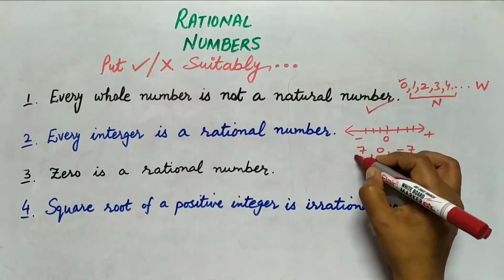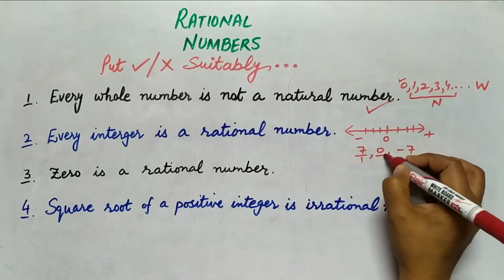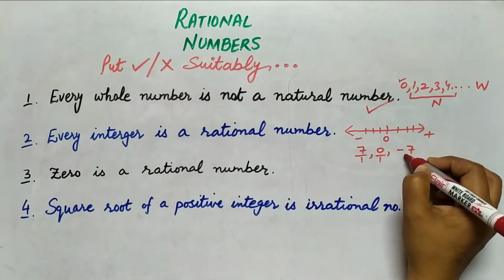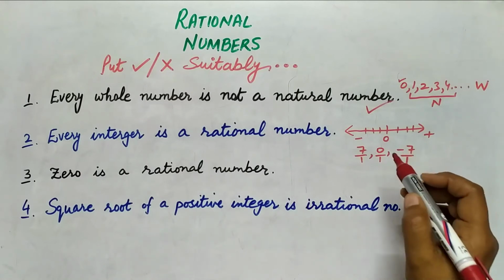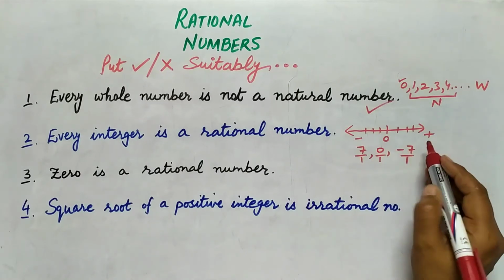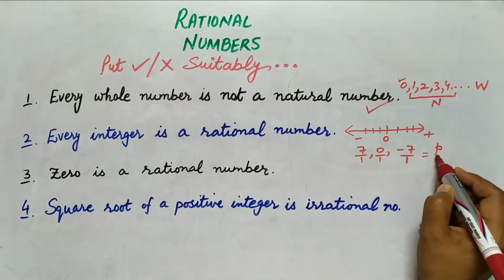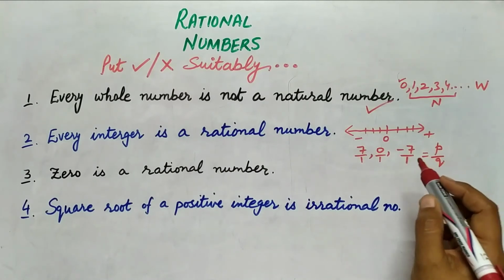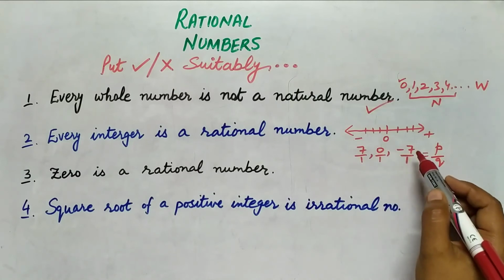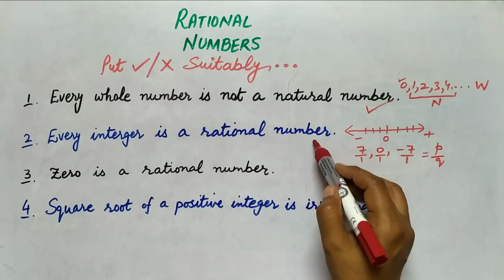Can we write them in p by q form? Yes. By writing 1 in the denominator, we have made it in the form of rational numbers. So every integer can be written as a rational number. It is true.